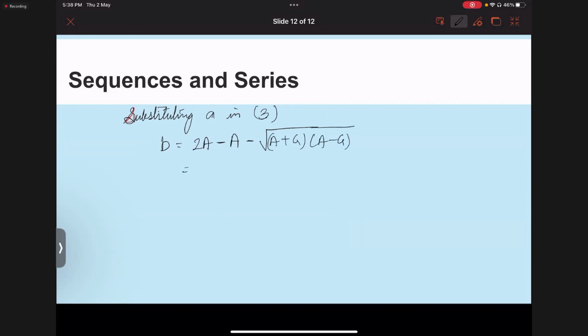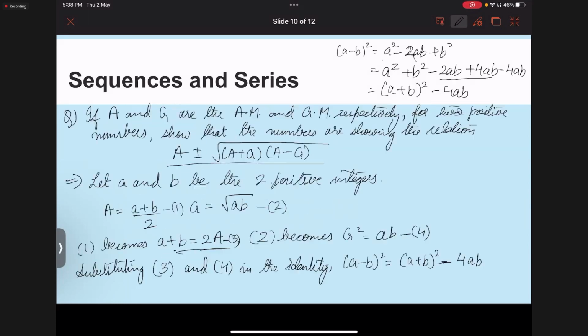So then this becomes a minus under root (a + g)(a − g). So you can see this is what we wanted to find, that the two numbers are a plus or minus under root (a + g)(a − g).